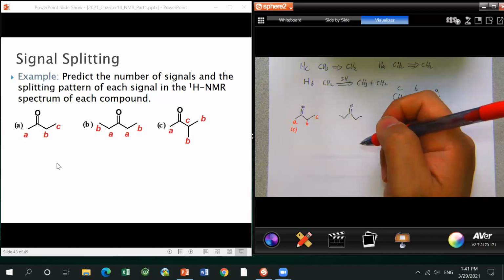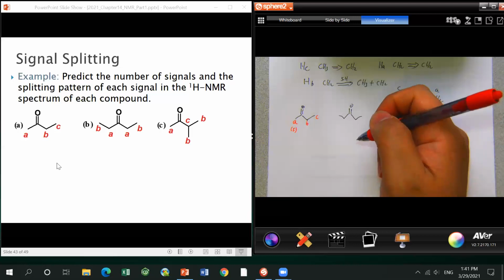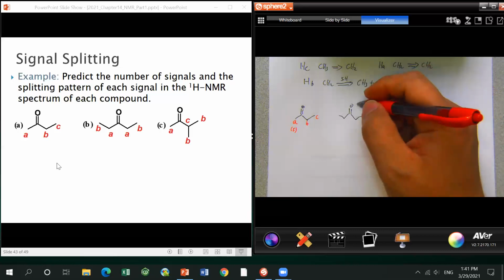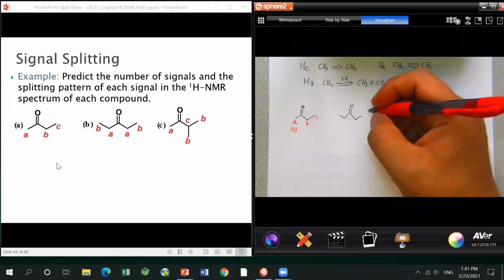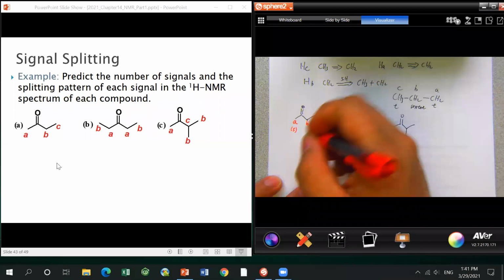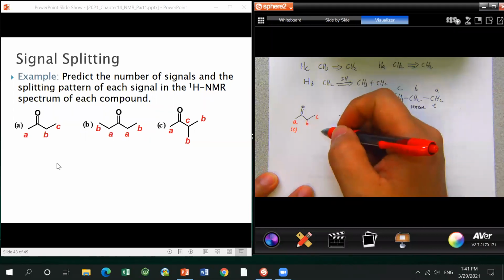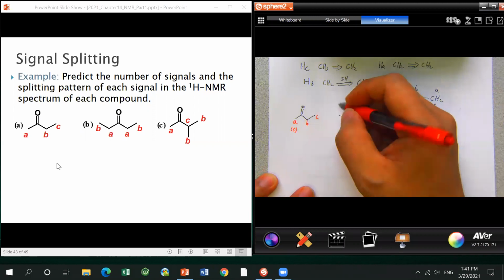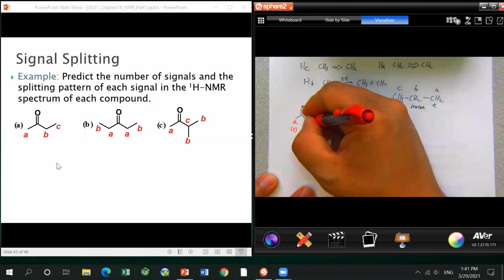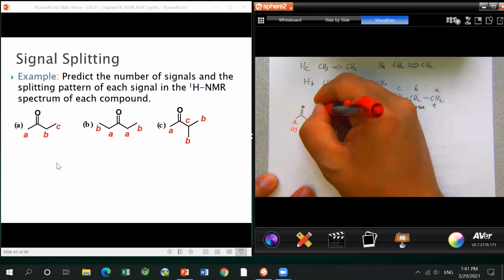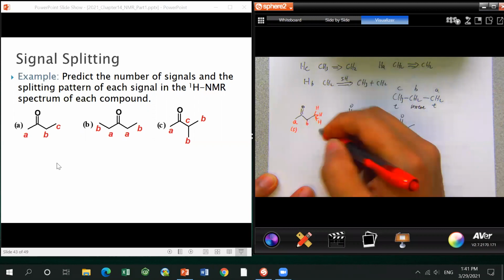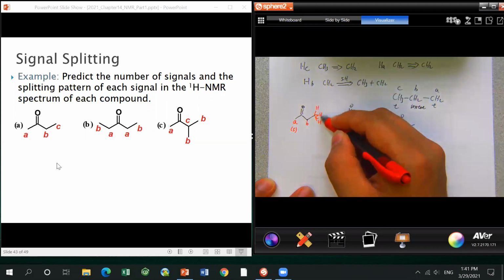Anyone has other answers? Right, we do it one by one. So for A, there's no neighboring proton within three bonds. Now we look at B. This is CH3, so B has 3 protons as neighboring hydrogens, and 3 plus 1 is 4.